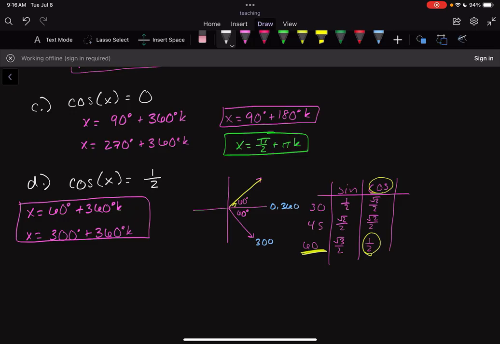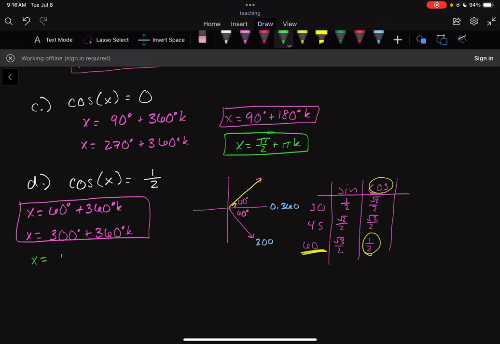Something else to keep in mind, kind of connecting things together, is the fact that cosine's period is also 2 pi k. When we're adding this 360, we're really adding the period. We're saying that these answers repeat every increment of 360 or 2 pi. Now in radians, I do want to write this answer for you.